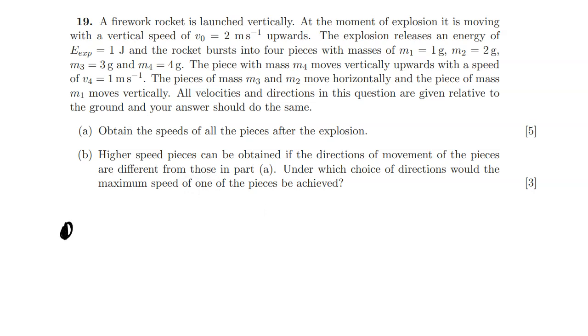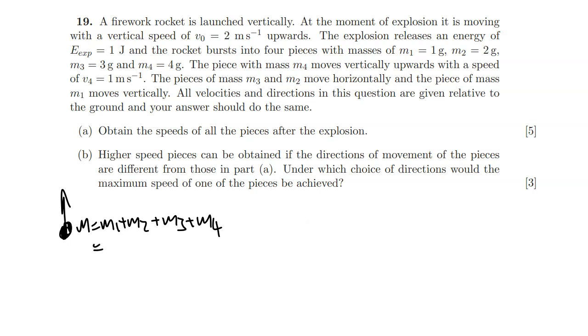First, initially, we've got some mass, which will be M, which is M1 plus M2 plus M3 plus M4. We know that because we're told that it's a firework rocket and then it explodes into 4 pieces. So what will this be?